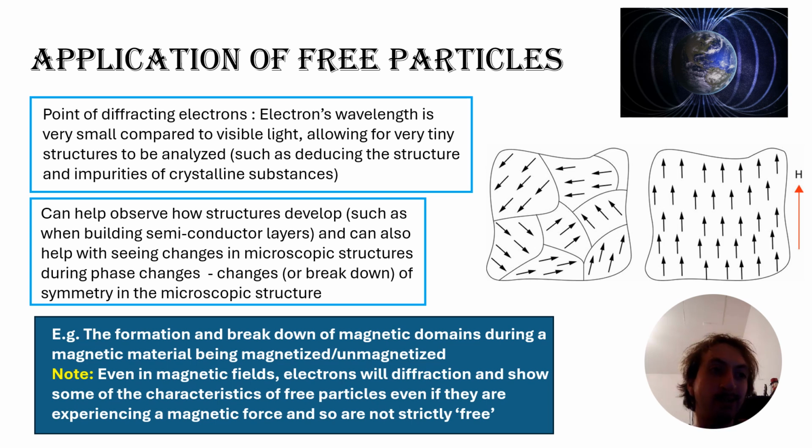And given magnetic fields are crucial for life, it could be that particle diffraction could play a huge role in our understanding of what impacts the formation of life on other planets, and therefore in astrobiology.